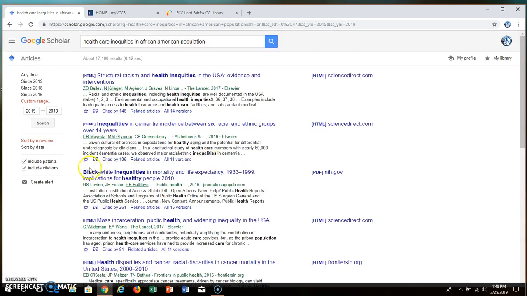One of the first things that comes up that sparks my interest is Black-white inequalities in mortality and life expectancy.